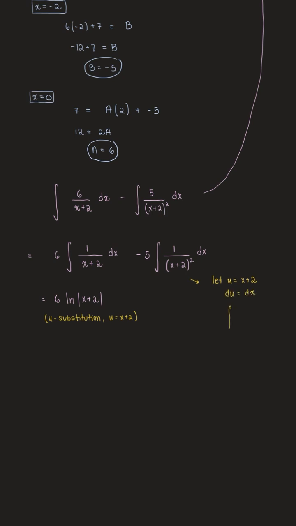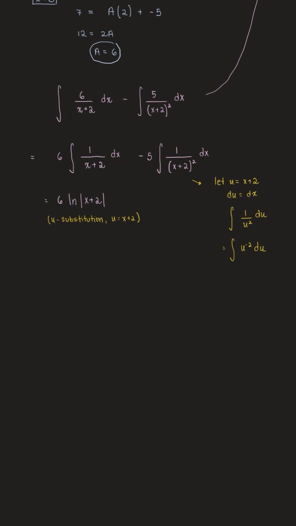So the integral is 1 over u squared du, or u to the negative 2 du, which we know how to integrate using the power rule. Adding 1 to the exponent will give us u to the negative 1 divided by negative 1. So this is negative 1 over u. And our u was x + 2.